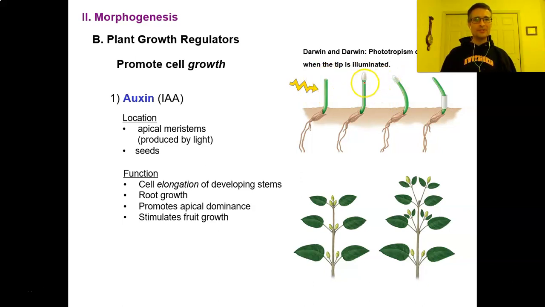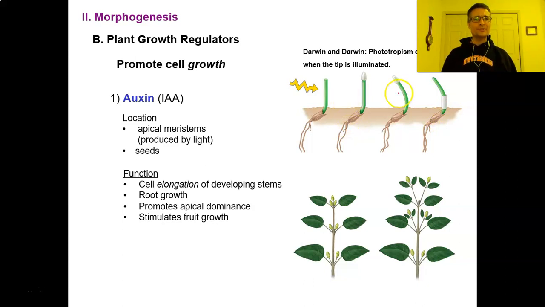In the first one, they put a cap over the meristem so that it couldn't get any light. And once again, the seedling didn't bend towards the light, it just continued to grow straight up. But when the cap was translucent and the light could get through, sure enough, the seedling started to bend, which was also the case even when they put a translucent cap lower down.